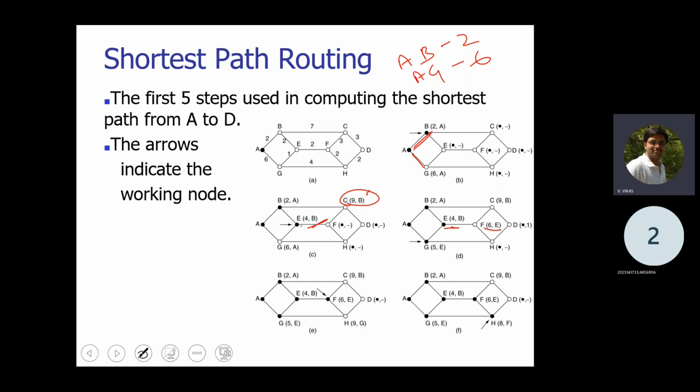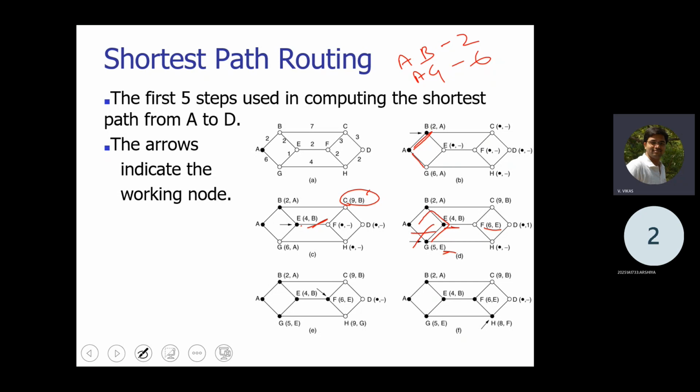But if I am selecting this path, A to B, B to E, E to G, the cost is 5. So I am not selecting A to G, but I am selecting A, B, E, G. So from which direction are we coming? E. So we have updated that way.